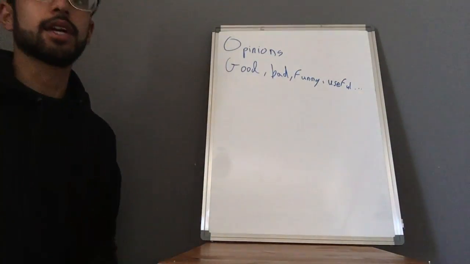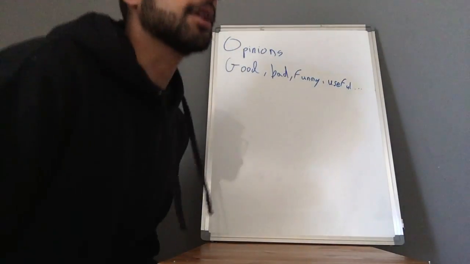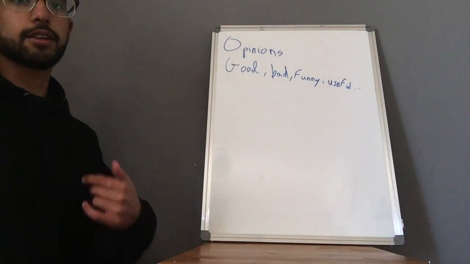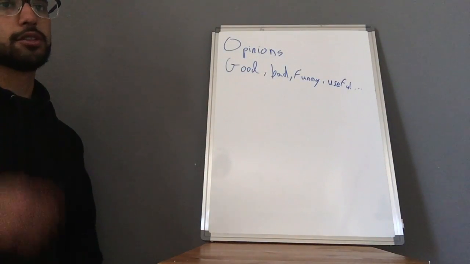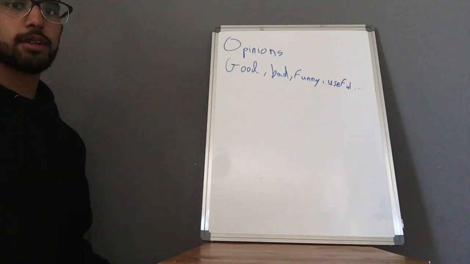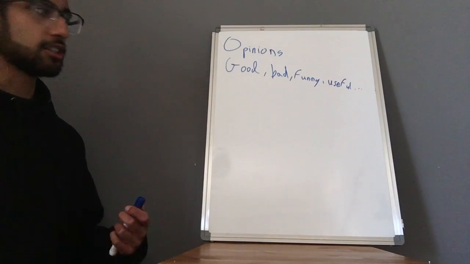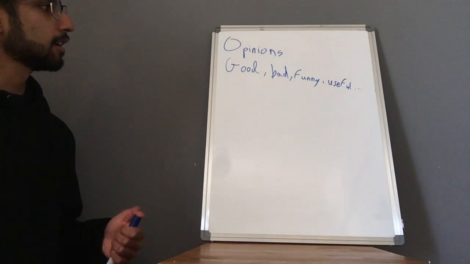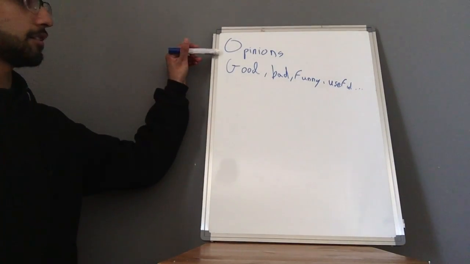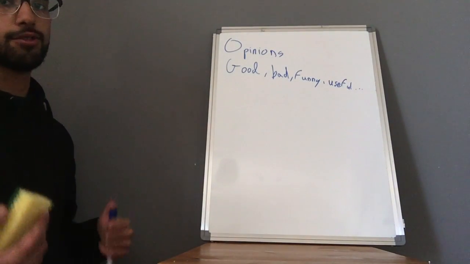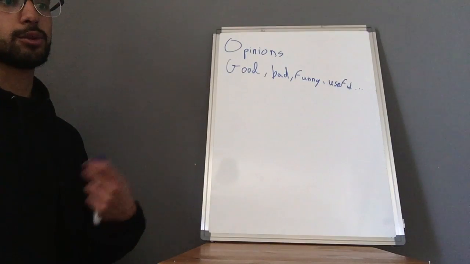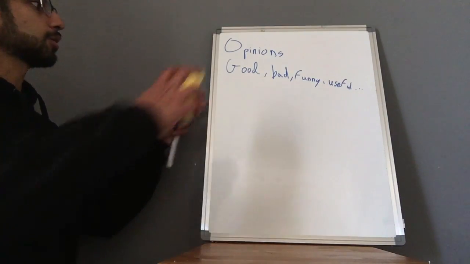So you can have a funny car, you can have a good car, a bad car, a useless tool, a useless pen, a useless teacher, any of these things. So you're giving your opinion on your general overview, your general feeling towards the object that you're talking about.